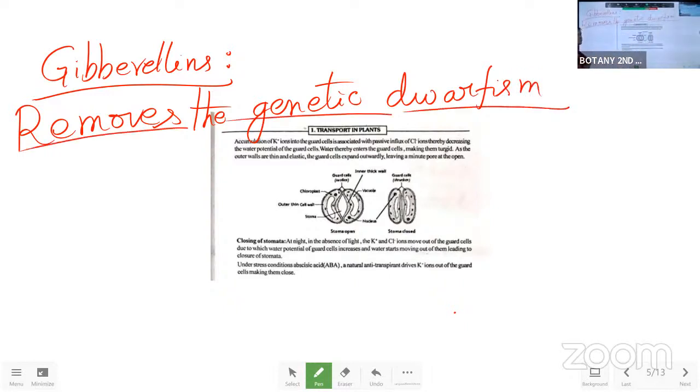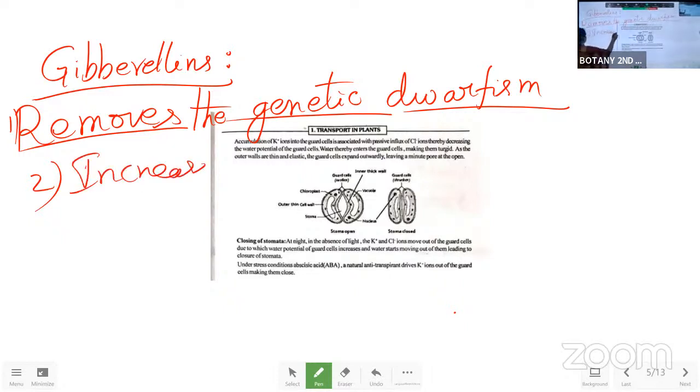Example, in the cabbage, in the Brassicaceae family members, by applying the gibberellins the internodal length will be increased. So the dwarf plants become normal sized plants. That is the removal of the genetic dwarfism. And the next one is it increases the internodal length.